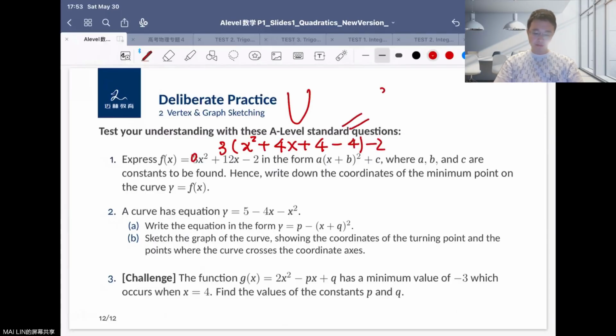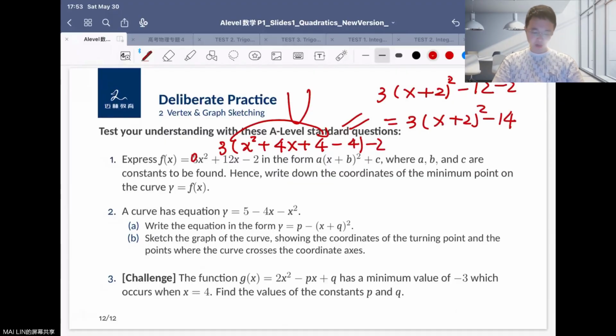So we can write it as 3 times x plus 2 squared, and then 3 times negative 4 is minus 12, minus 2, is 3 times x plus 2 squared minus 14, okay? That is how we can calculate this. We can say here A is 3, B is 2, C is negative 14, okay?